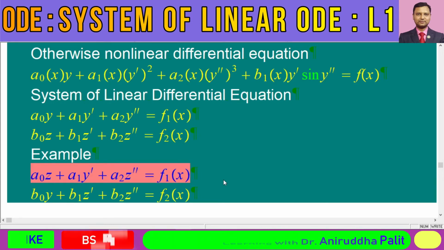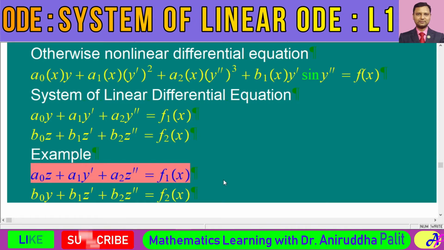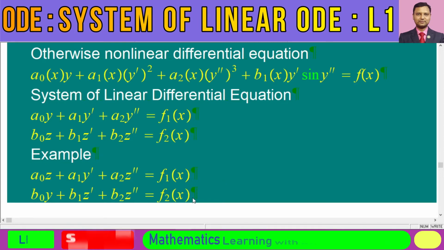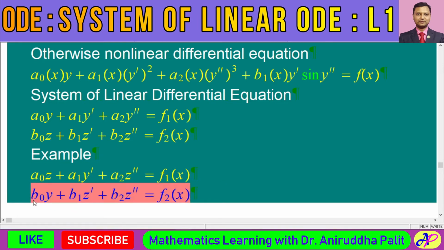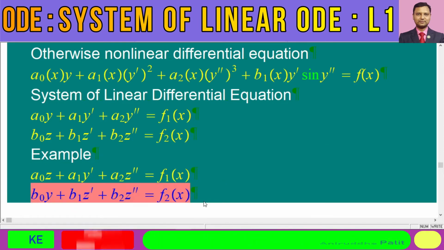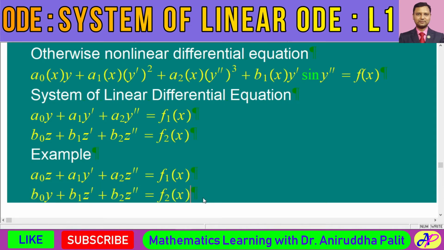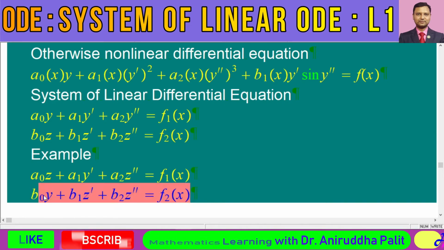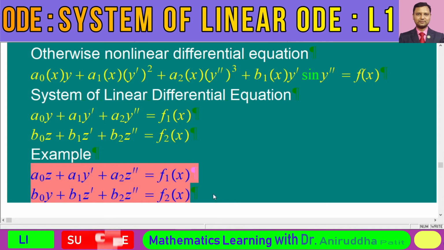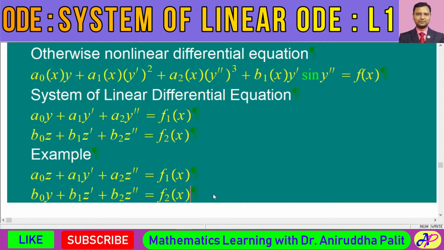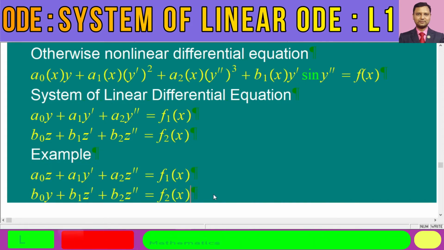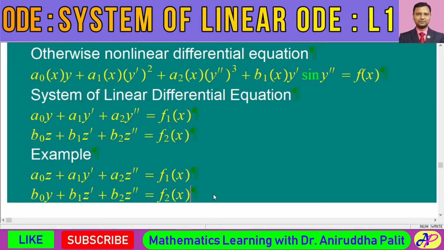In the first equation we have y and z as two dependent variables, and in the second equation as well, we have y and z. So that is actually the most general case that may appear in a system of linear differential equations.